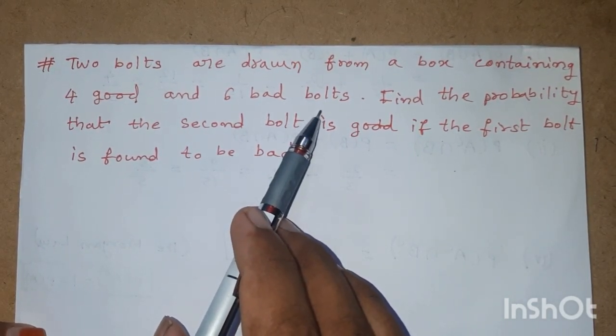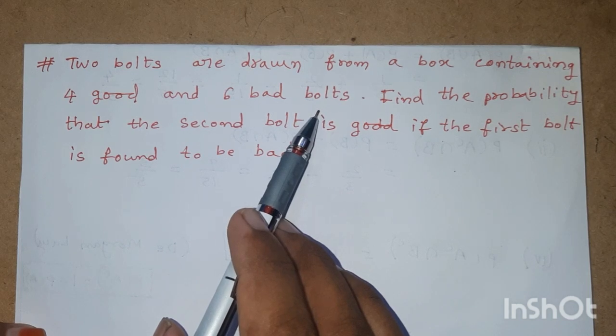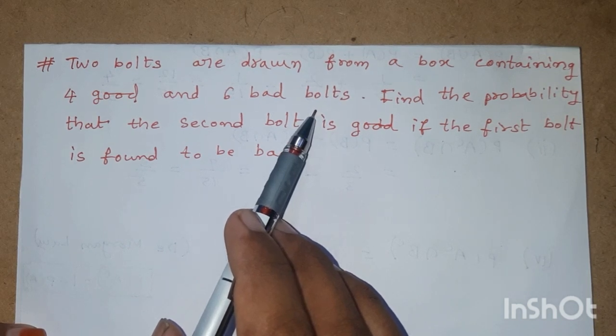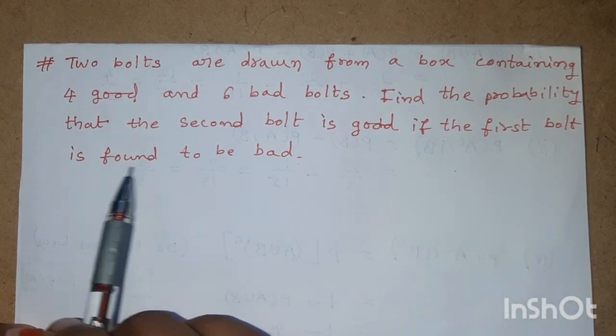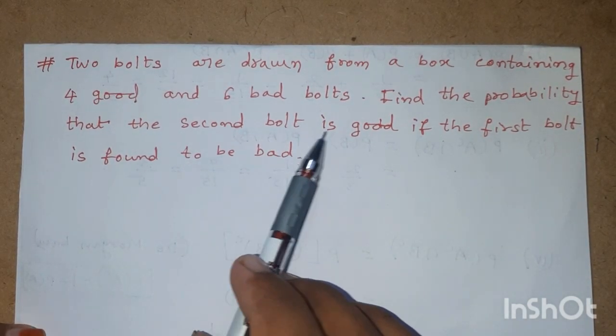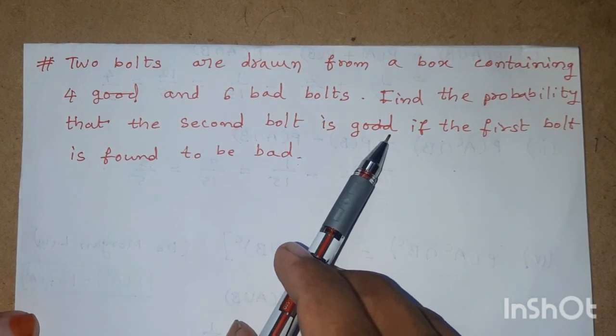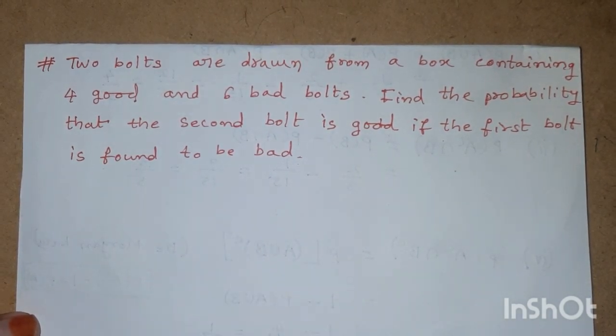Okay, now we have to find out the probability that the first one is bad and the second one is good. If the first bolt is found to be bad and the second one is good. Okay, let us find out the probability.